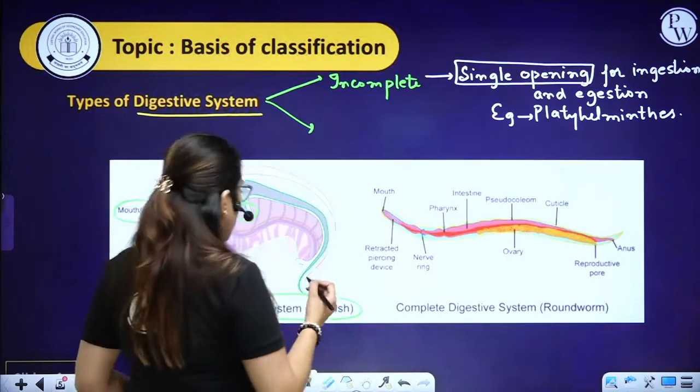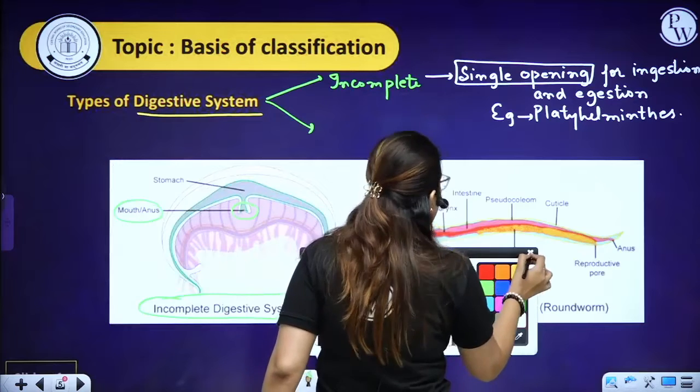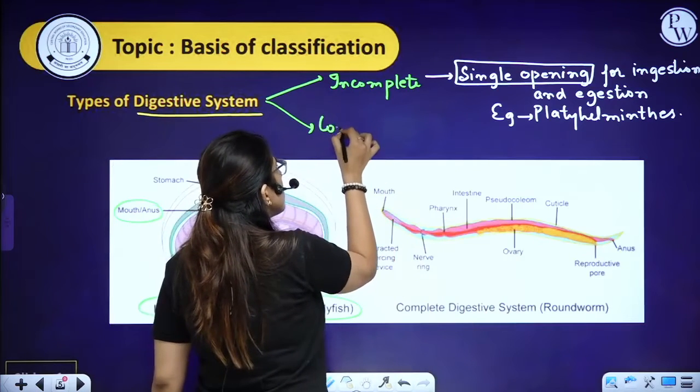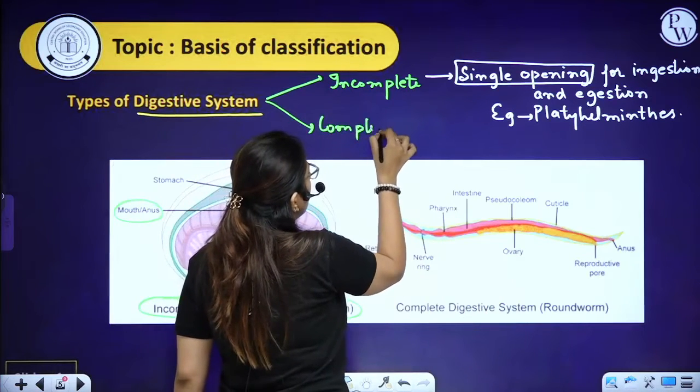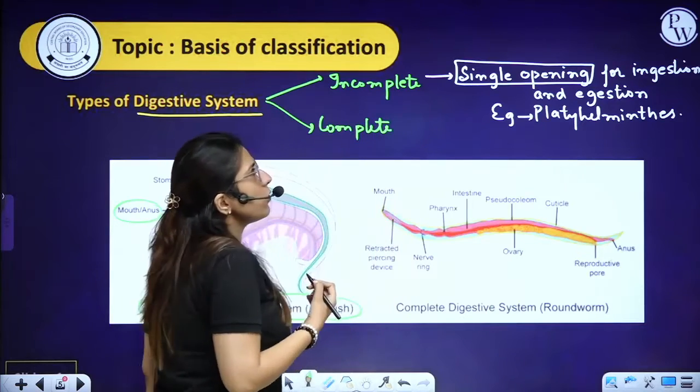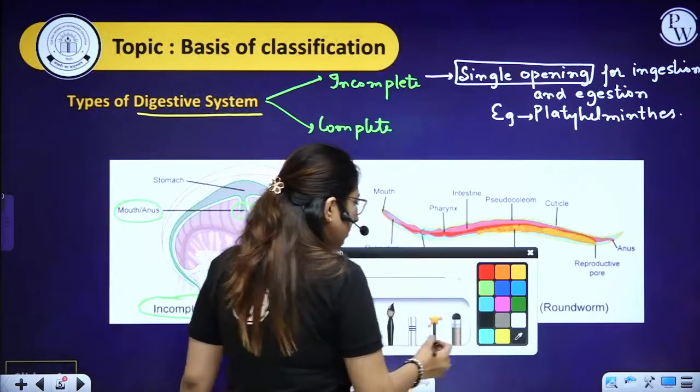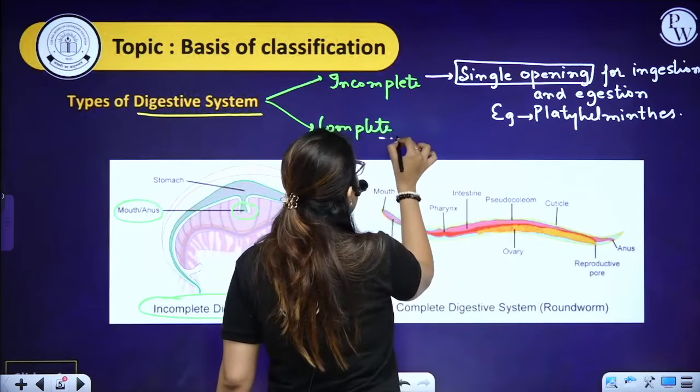Whereas let's talk about the second one, which is the complete digestive system. The name itself indicates it: there are two openings.